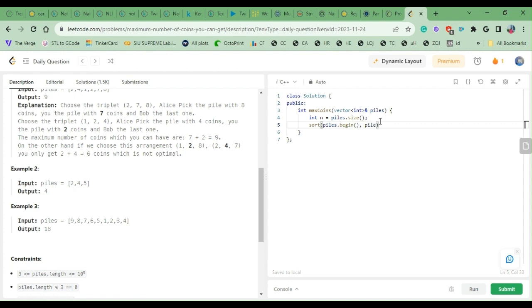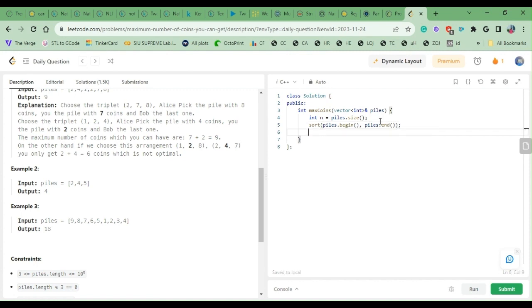So the files array first to last will be sorted. If you don't define which order, by default it will sort in ascending order. We can specify the order here also, after a comma, something like greater or something else.